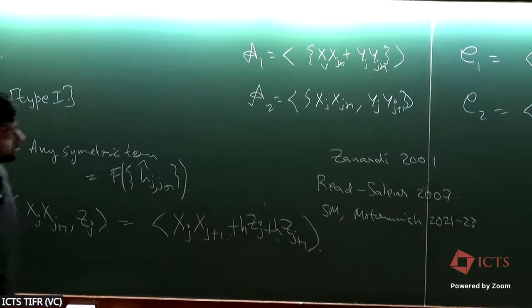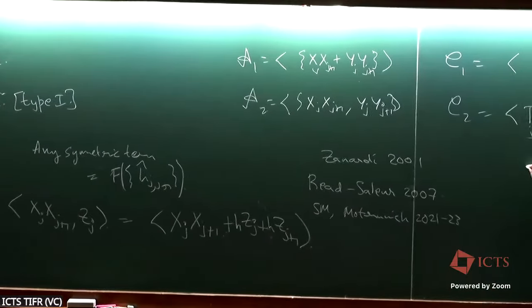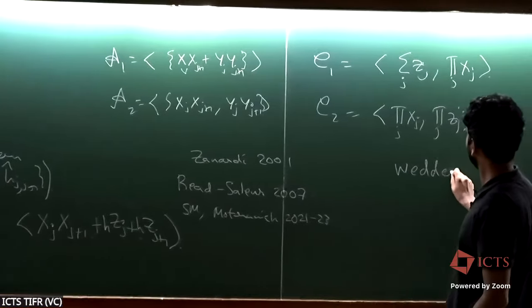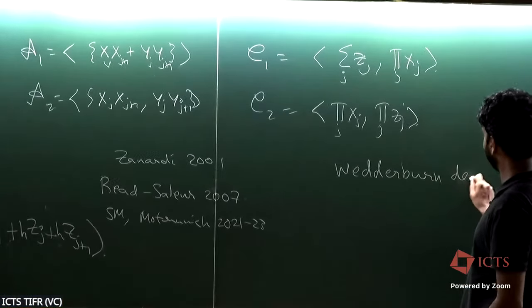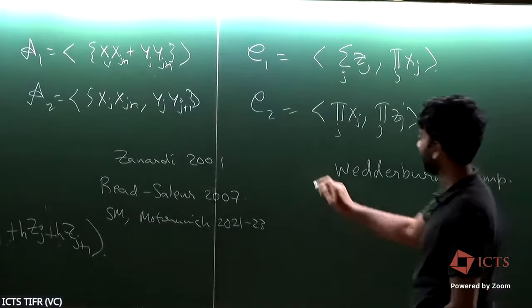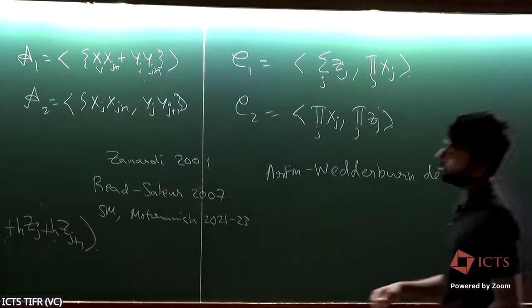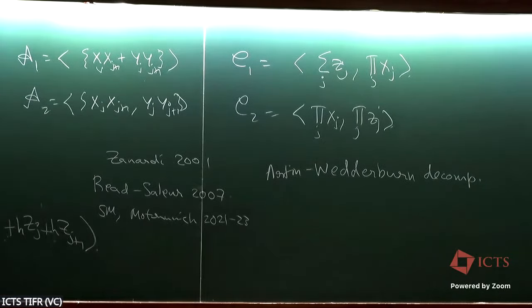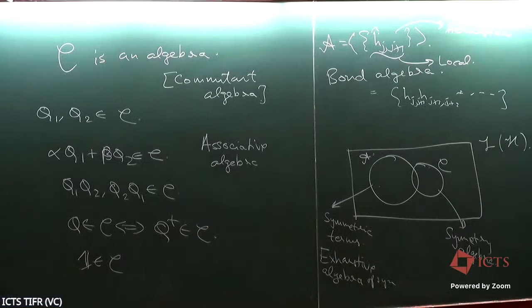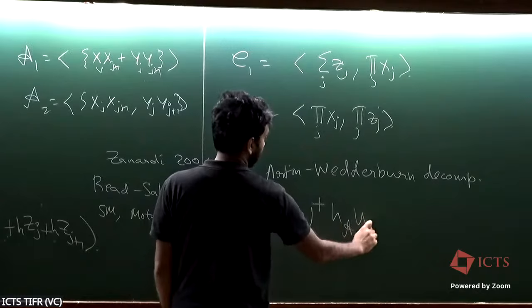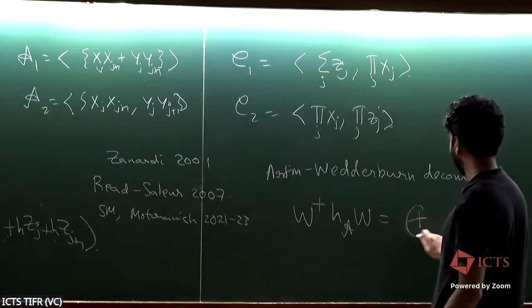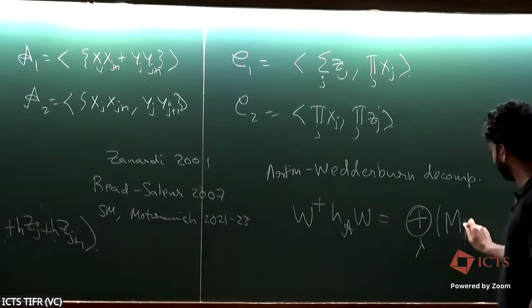There is another important result, sometimes called the Wedderburn decomposition, or the Artin-Wedderburn decomposition, which says that whenever you have a pair of these algebras, which are commutants of each other, you can always decompose operators in this manner. I'll write out the expression first and then explain it.